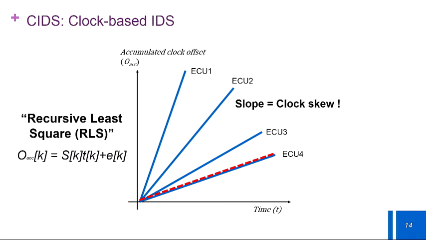Because clock skew is a hardware property that is supposed to be constant, if we formulate this as a linear parameter identification problem, we would have an almost constant slope value, and the identification error of this recursive least squares, RLS, would be skewed towards 0.